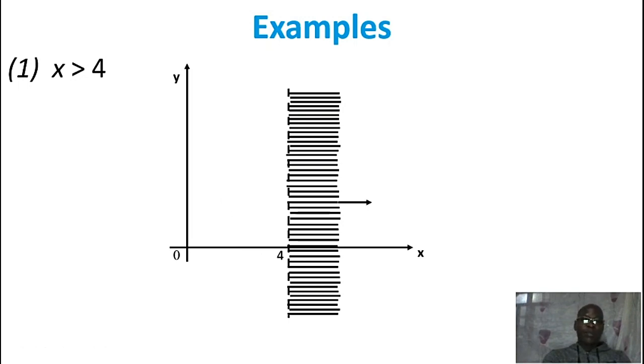On the plane, since the variable contained in the inequality is x, you go to the x-axis, write the number that is given there, which is 4. What's the direction? The strict inequality there is strictly greater than 4. x is strictly greater than 4. That's what is given here.